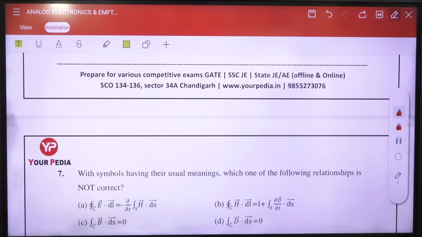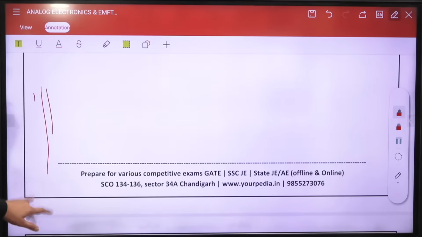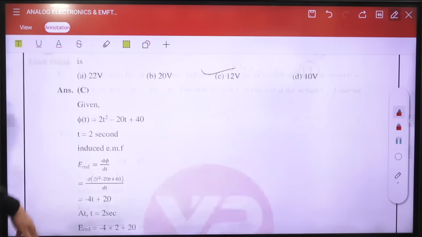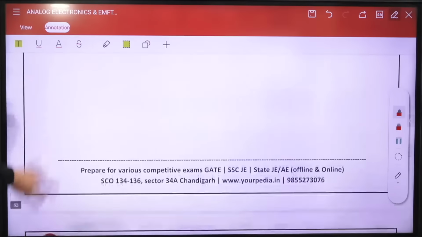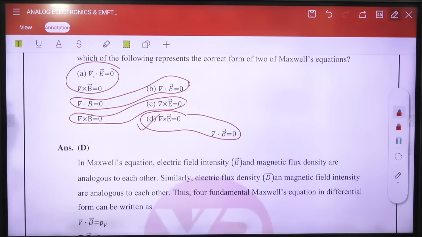Okay, Sandeep is saying that in question 3, let's go to question 3. One second, Sandeep. Yes, what does he say? Question 3, option B is also correct. How is option B correct?